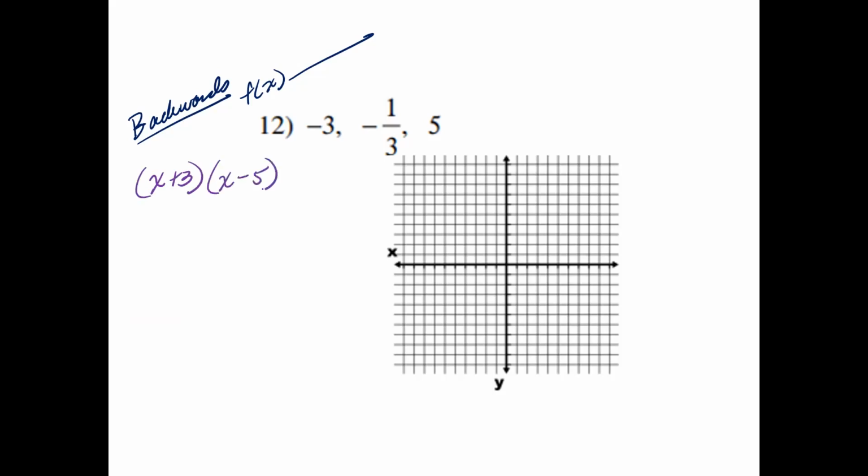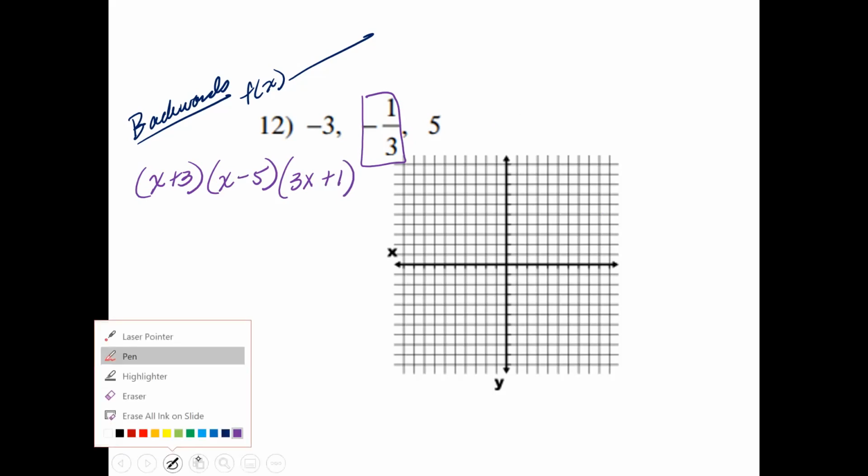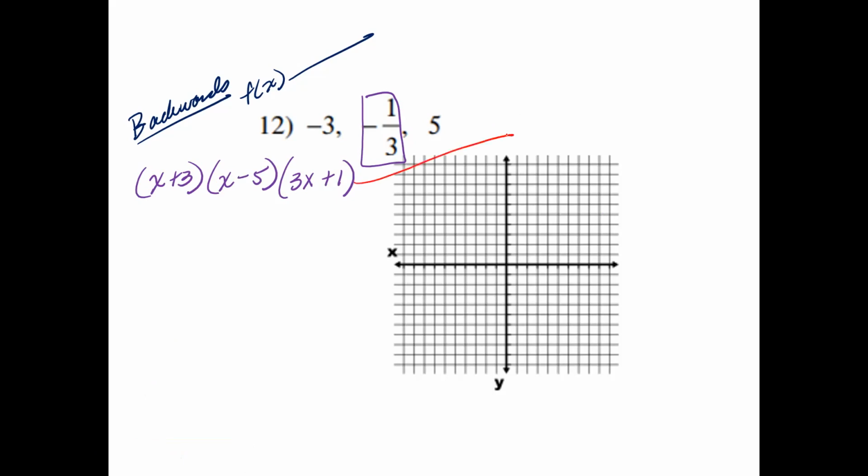X minus 5. And I know you're thinking, well, what do I do if I have a fraction like this? So the way that you do this is you're just going to put 3x plus 1. So you put that 3 in front of the x. And I know you're like, are you sure that's correct? If you're not sure, one thing that you can do is just solve it. 3x plus 1 equals 0. 3x equals negative 1.